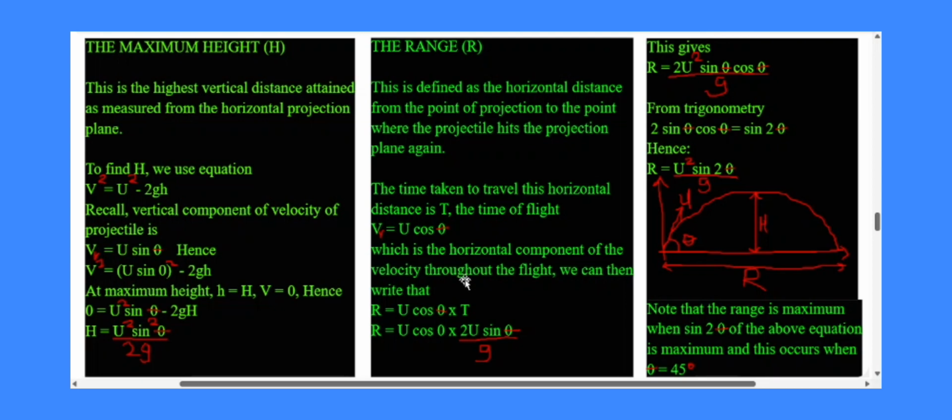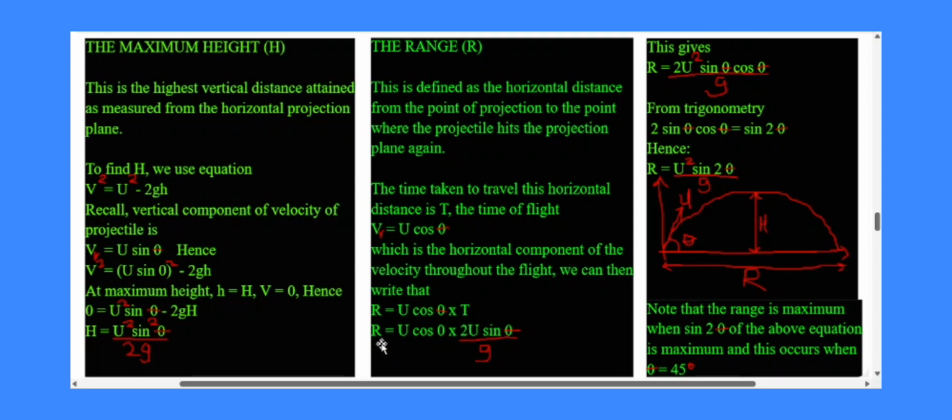All right, we can then write that our range, don't forget, is distance. Distance is equal to velocity times time. So for our distance, which is our range, R is equal to velocity, which is u cos theta, times the total time it took to go from the point of projection to the point where the object hits the projection plane again.